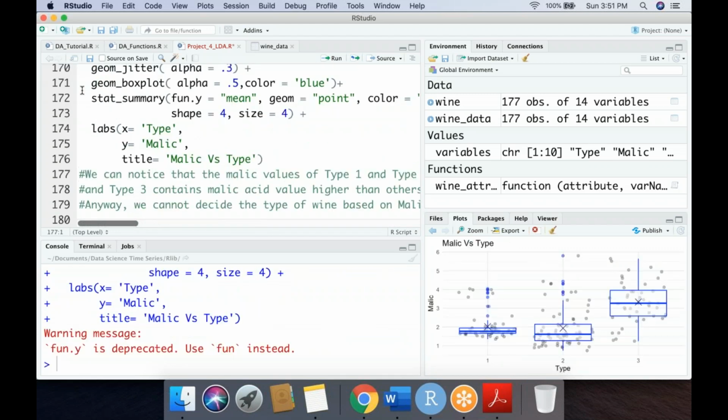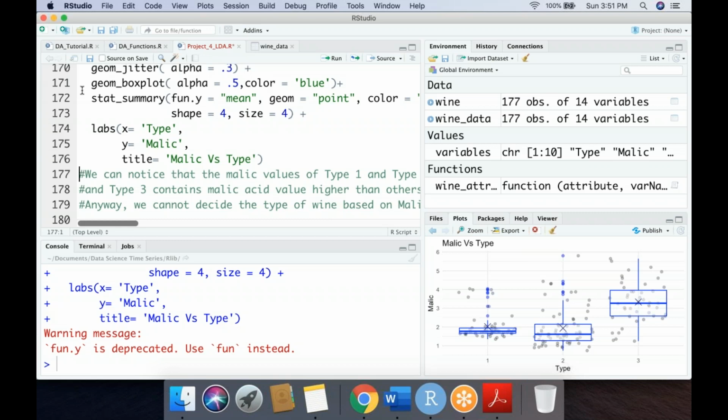Now let us run Malic. In Malic, what we can see now, we have already discussed. So anybody from the class, try to decode this. We can clearly see that for type 3 classification is good, but for the Malic values, for type 3 alcohol the Malic values are higher than others. It's very clearly visible.